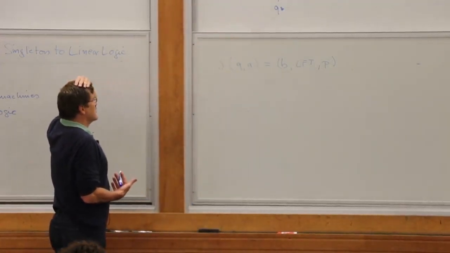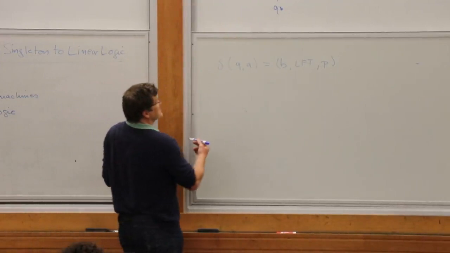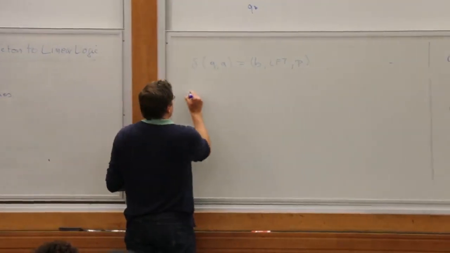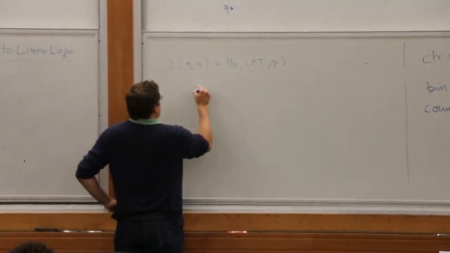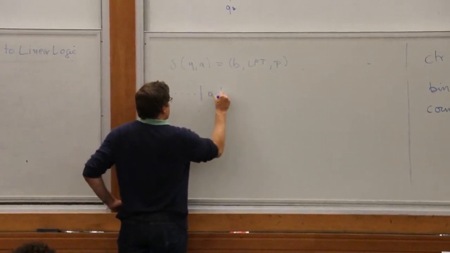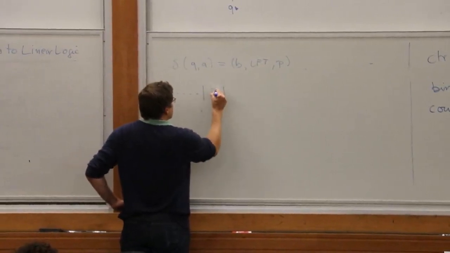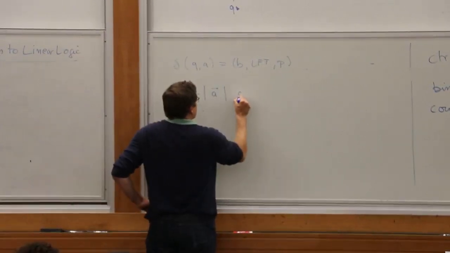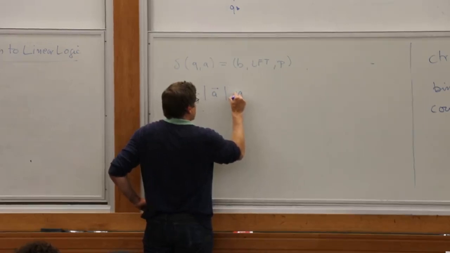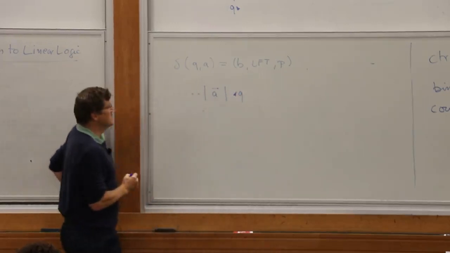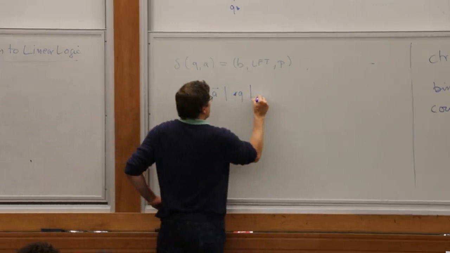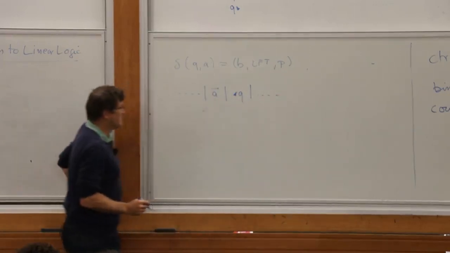All right, so let's look at the left-looking case first. What's the situation? We have a tape here, and then we have A, which is a message passed in our direction. We have Q, which is looking to the left for the next thing to do. And then we have other things over here, the rest of the tape.